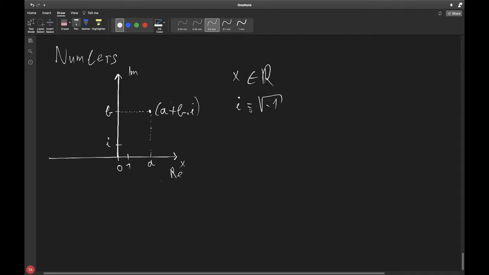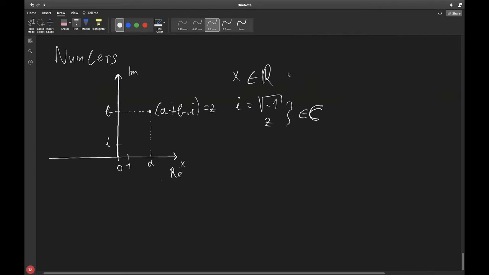So this is a general description of a number, and then I could call this number z. So z is going to be an element of the complex numbers.